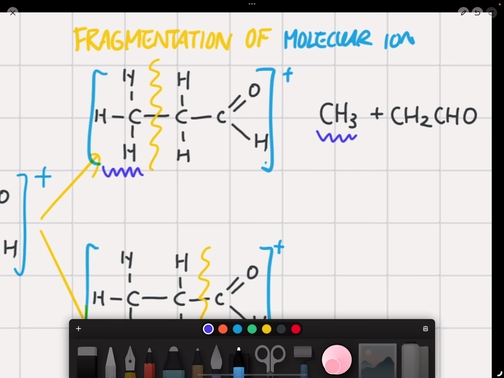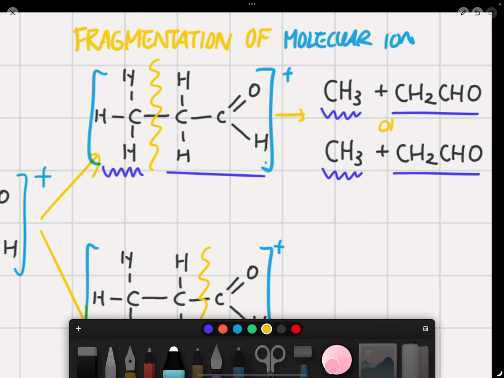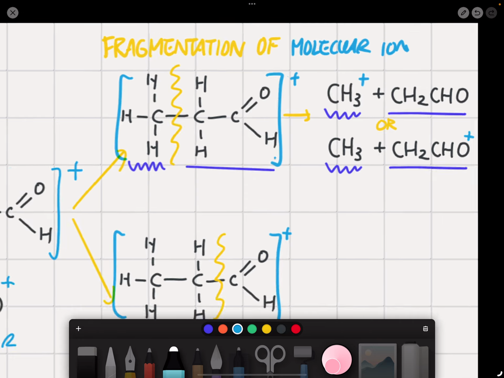And this part right here, let me use another line, just a straight line here, to describe the CH2CHO. Because a positively charged ion is splitting up into two different fragments, one of these fragments will be positive charged, but it's a random event. So it's either the left fragment that gets a positive charge, or the right fragment that gets a positive charge. And then they would be detected.